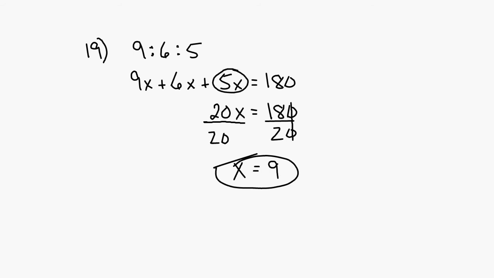So in this case, the smallest angle is going to be 5 times 9, which is 45 degrees. The largest angle would be 9 times 9, which is 81 degrees. And this middle angle would be 9 times 6, which is 54 degrees.